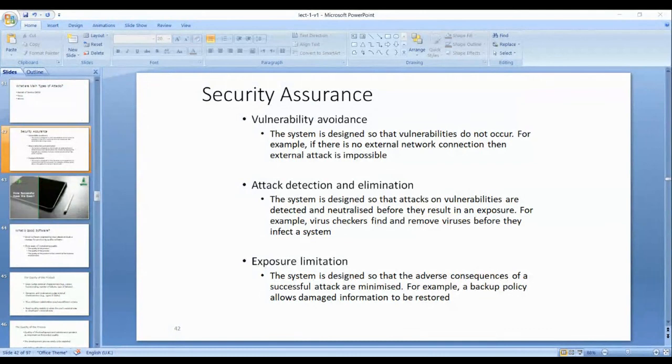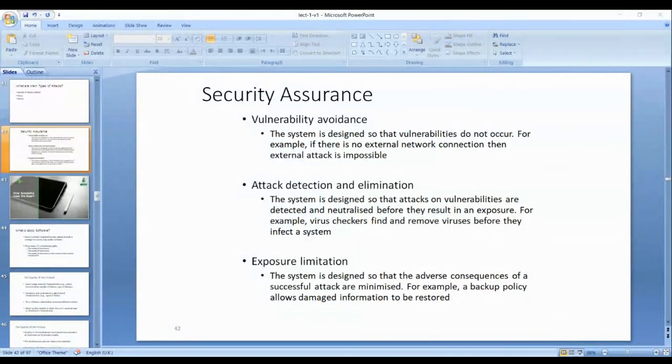Attack detection and elimination, like Stuxnet used a vulnerability of the Iranian nuclear power plant. But as they identified and eliminated it, they tried to minimize exposure to the internet.